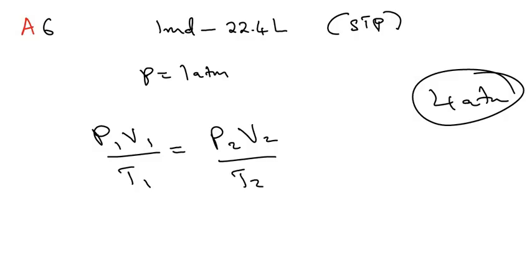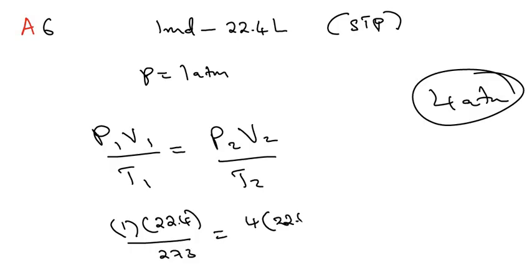So firstly, the pressure is 1 atm and the volume is given to be 22.4 liters. We can keep the volume constant. The initial temperature is 273. The final pressure is going to be 4. It's still at STP, so the volume is still the same, but the pressure has changed. So what will be the temperature now?